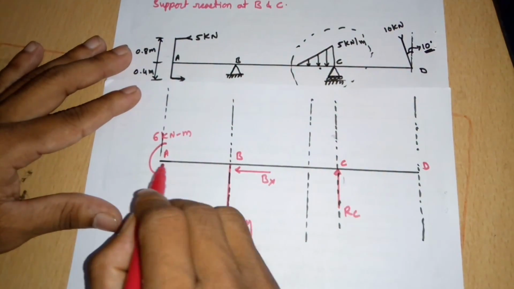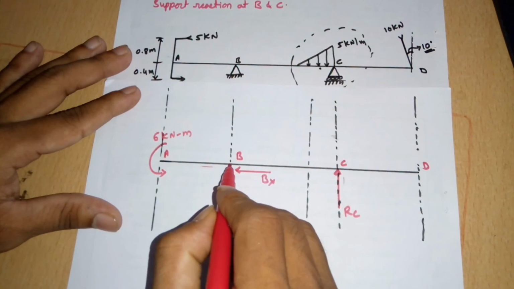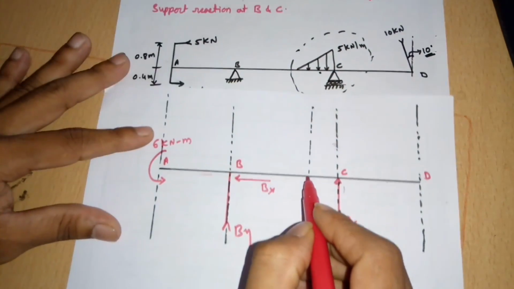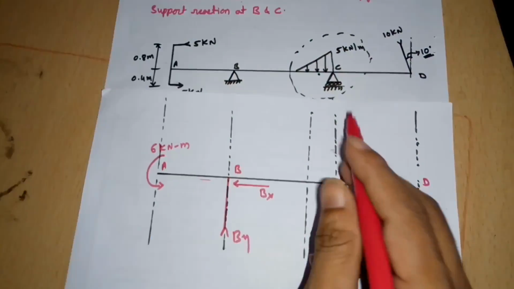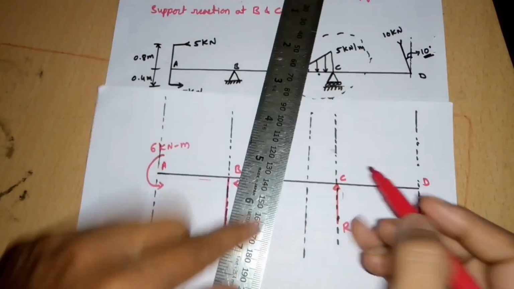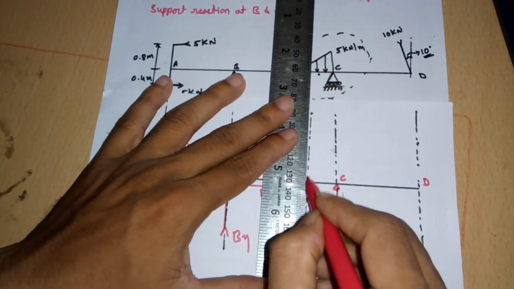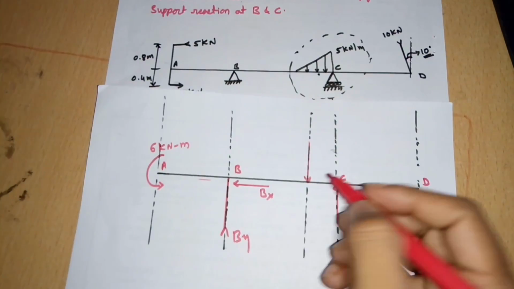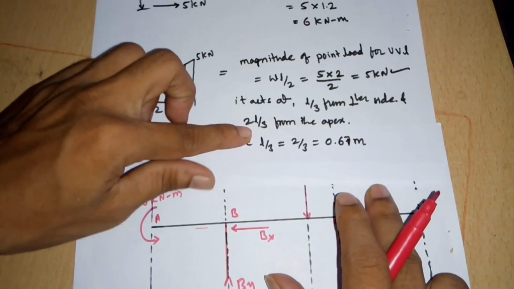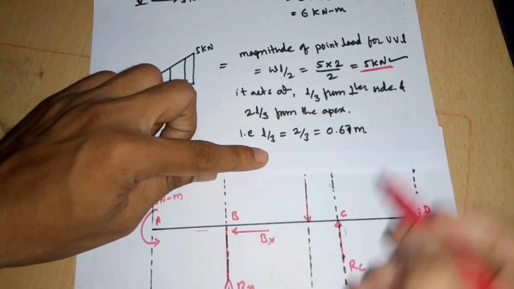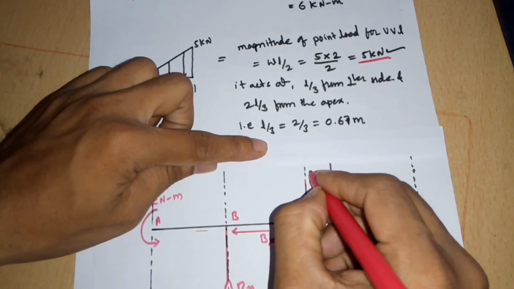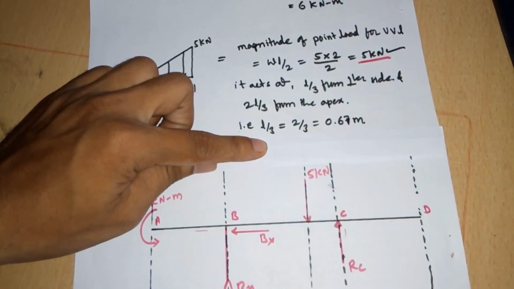Then next, there are no forces from here to here, and from here to here, and here one point load is acting. The magnitude of that point load is 5 kilonewton.